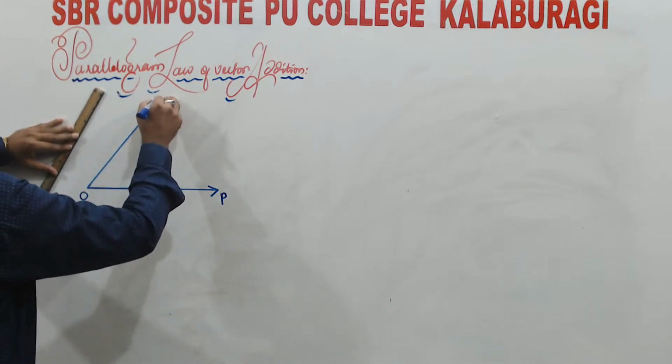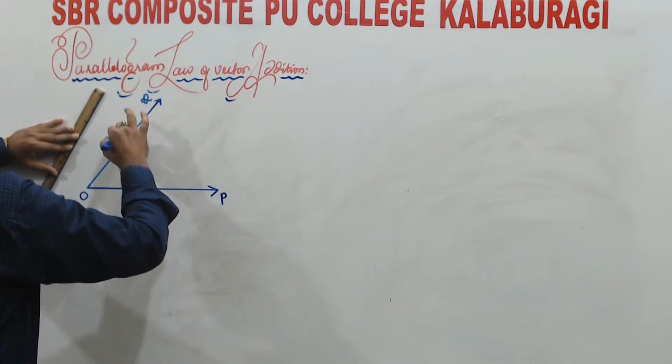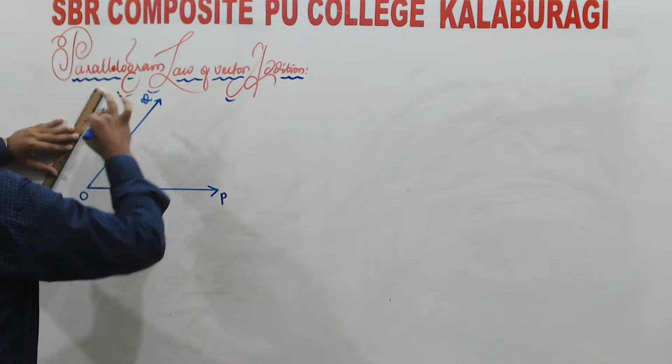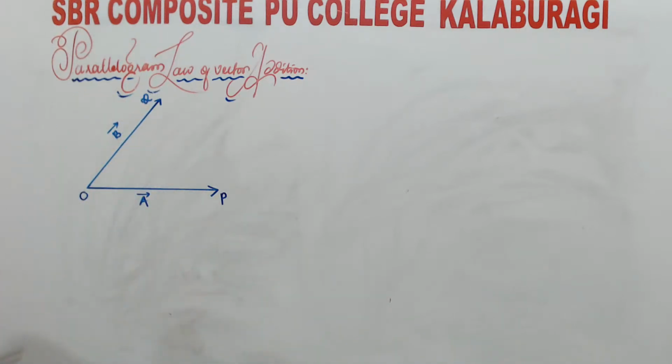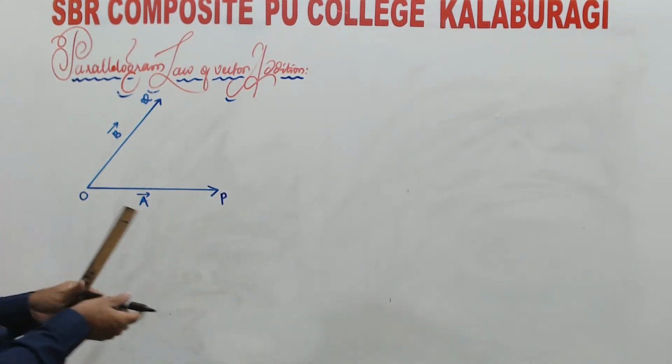Say this is O, this is Q, and OQ represents vector B. Then the resultant is drawn exactly from the origin.